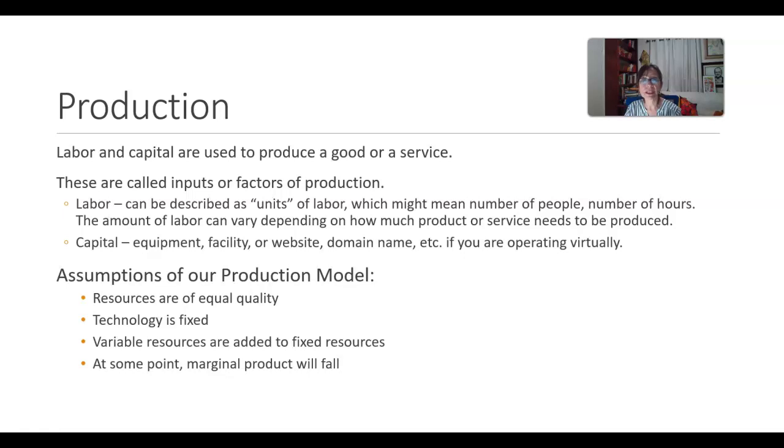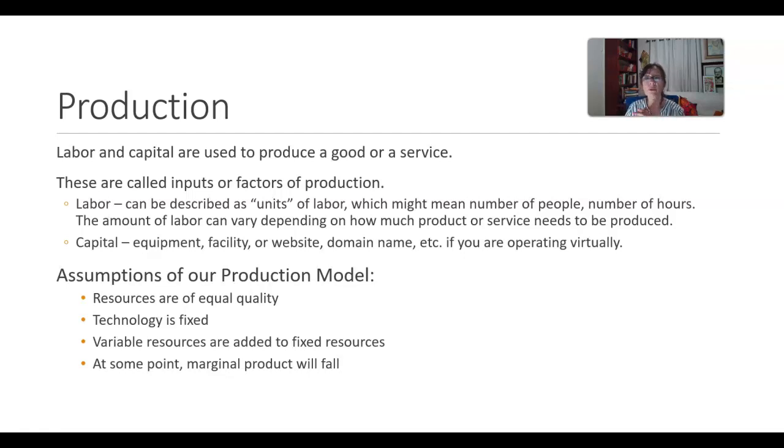The amount of labor can change depending upon how much product or service needs to be produced. Okay, that means you're in a restaurant, you have a busy day, you can call in more wait staff, call in more kitchen people to help you out. Capital, however, equipment, facility, website, domain name, etc., that is needed, but that cannot change.